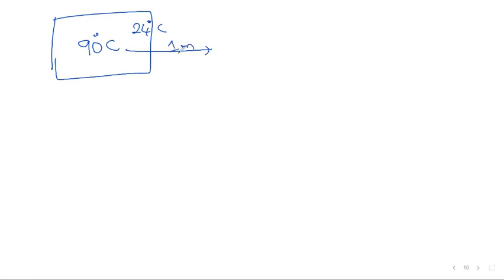The room temperature is 24 degrees Celsius. In 1 minute, the temperature of the cup of coffee has decreased to 80 degrees Celsius. What will be the temperature of the cup of coffee after 2 minutes?